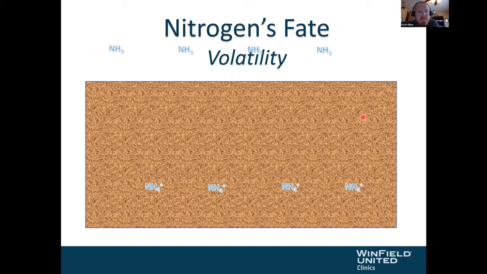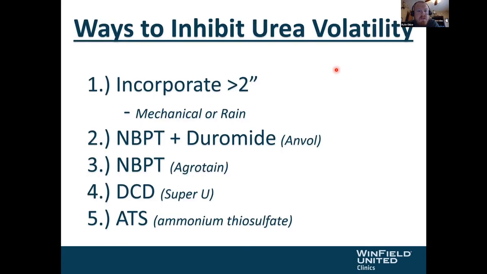So, ways we can inhibit urea volatility. Here's a list, 1 through 5. They're all effective measures, but ordered from most effective to least effective. The biggest is just incorporating urea down to 2 inches of soil or more.